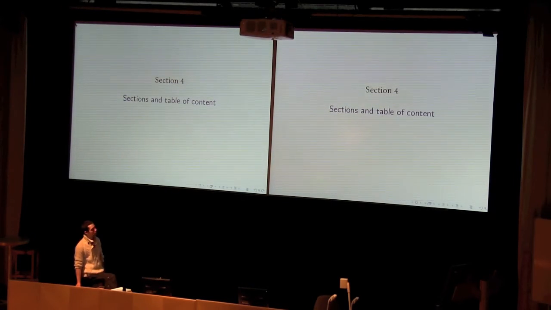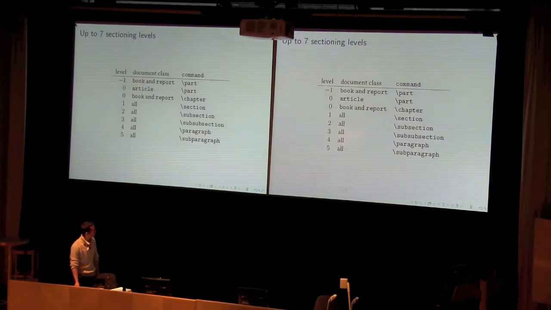Then we'll see how to break the document. So we have paragraphs, but we want intertitles like sections, subsections, and things like that. So here are the commands that you want to use. Often we start only at this point, section, but these are also important.